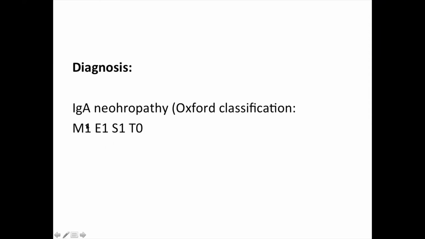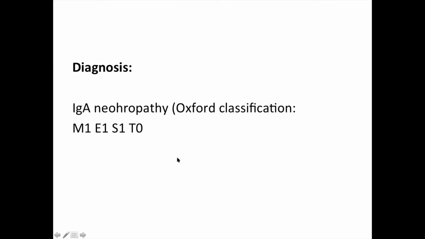Endocapillary proliferation either it's present or absent. Sclerosis either is present or absent, and tubulointerstitial atrophy and fibrosis less than 25 to 75 and then more than 75, so T0 T1 T2.